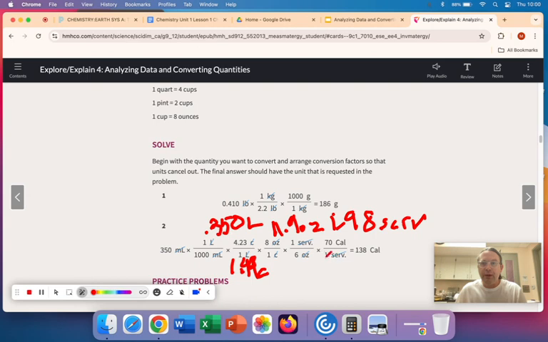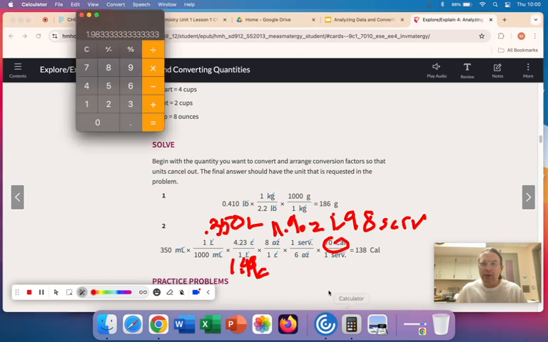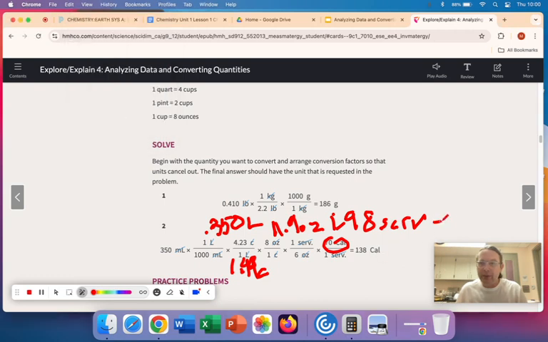And if each serving is 70 calories, then I multiply that by 70. So 1.98 times 70, 138.6. So I was a little bit off with how I rounded things, but not by much.